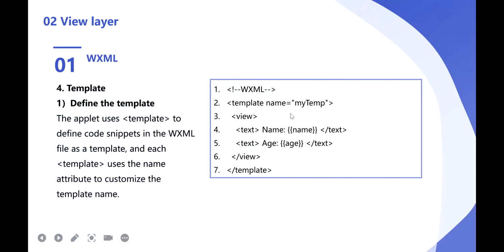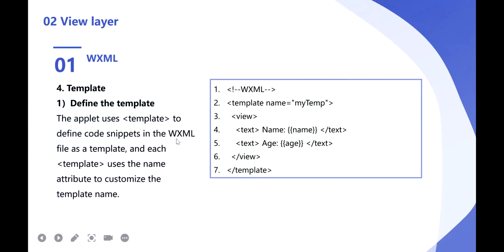And in this template, we have a view component, and here we have two text components to show the name and the age dynamically. Here is to define the template.